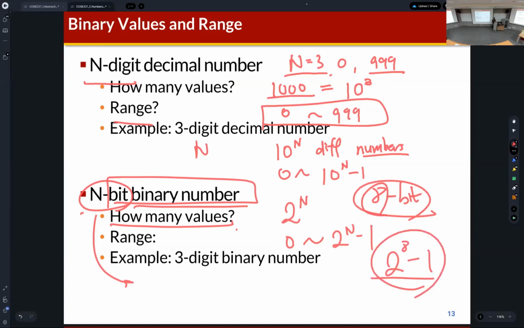So if a memory has 8 bits of storage space, then the largest value that can be stored in this memory is 255. So the range of the digital data is restricted by hardware resources, because the hardware is in the real world.